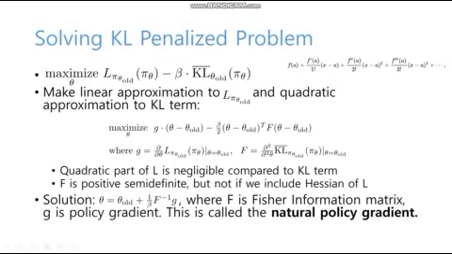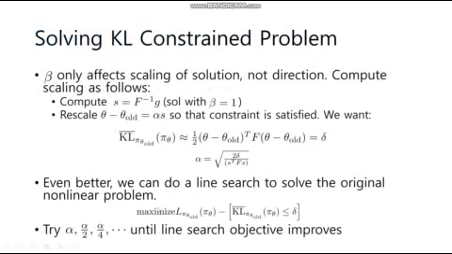So in trust region policy optimization, we usually use conjugate gradient to approximate this. We can calculate this term F inverse G without even constructing the F matrix itself. But let me skip the detail.